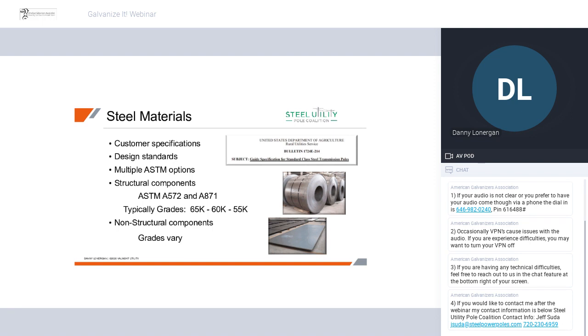That said, there are some pretty good references out there. The key is to understand what the customer actually needs, and what you will eventually fabricate to, and they will eventually put into service.